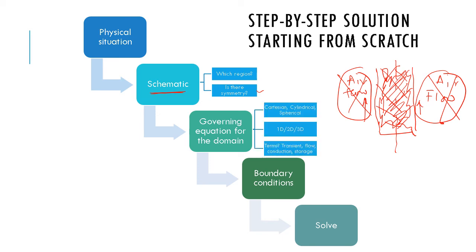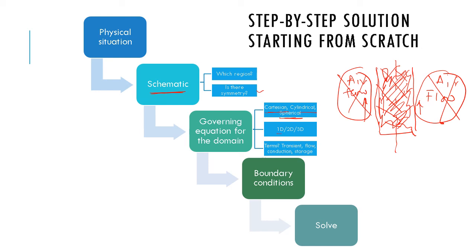Then we get to the governing equation. How do we get it? First, of course, we decide based on the geometry whether it's Cartesian, cylindrical, or spherical, so we use the general governing equation. Then we start to simplify things.